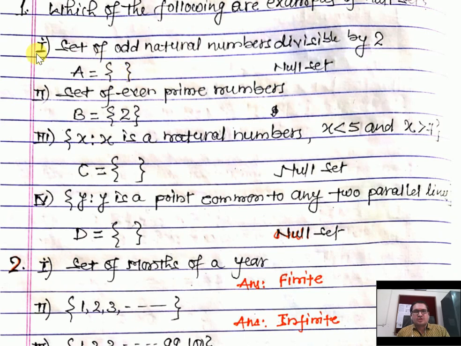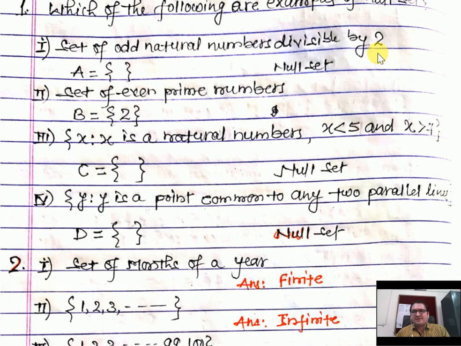Okay, question number 1, set of odd natural numbers divisible by 2. Odd natural numbers means what? 1, 3, 5, 7, 9. So there is no odd natural number which is divisible by 2.